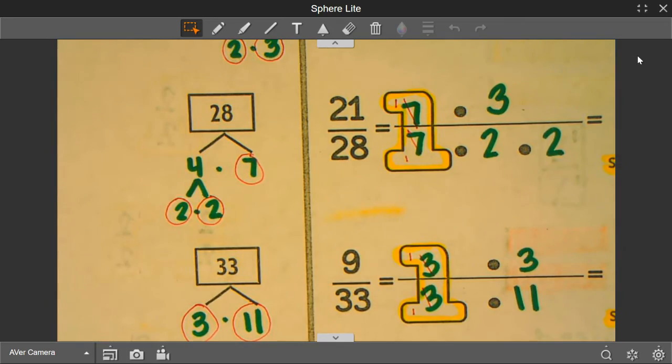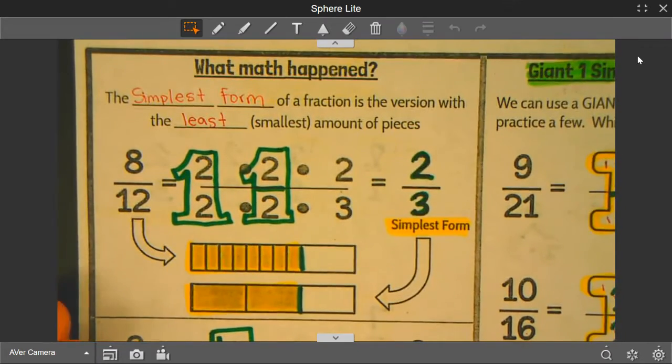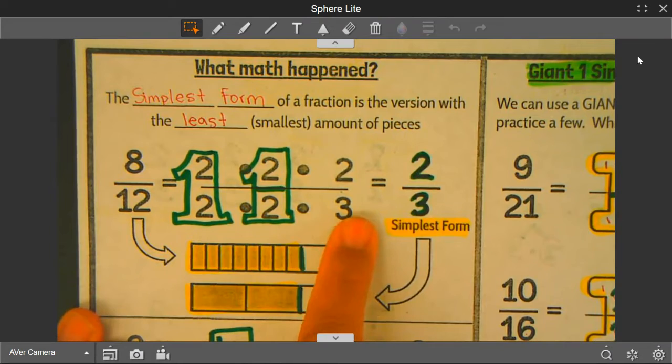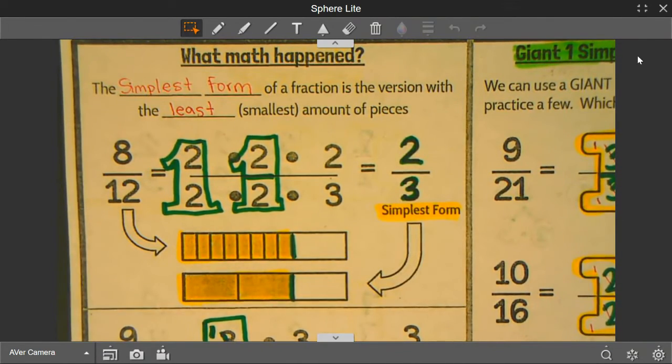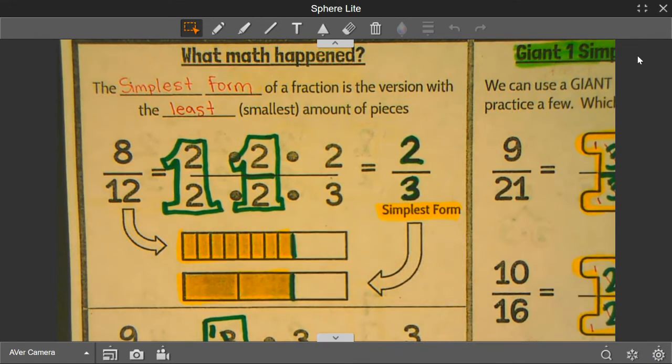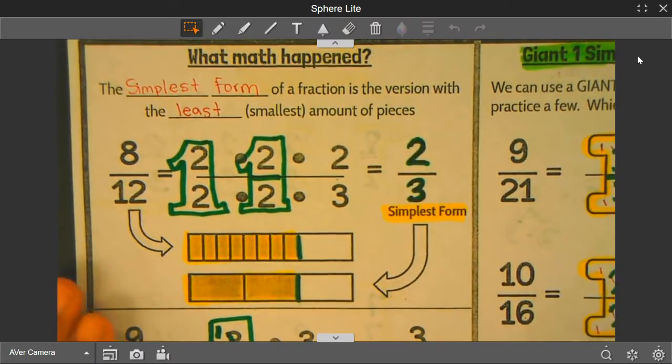Okay, so quick recap of what we did today. So what we notice here is that giant 1s are used to simplify a fraction. So giant 1s have become important. They're not only to create equivalent fractions, but they also help us find the simplest form. So the version with the least amount of pieces, okay?